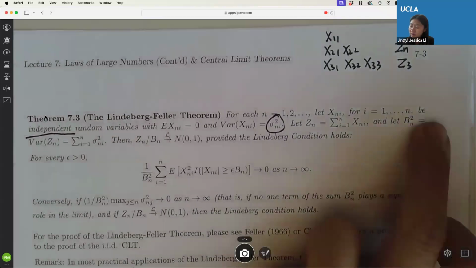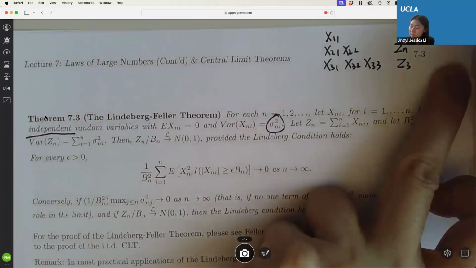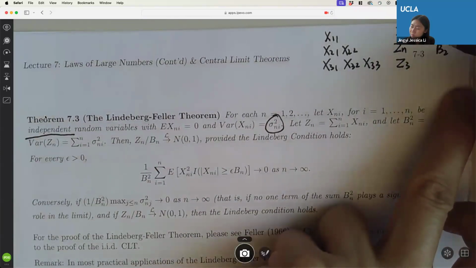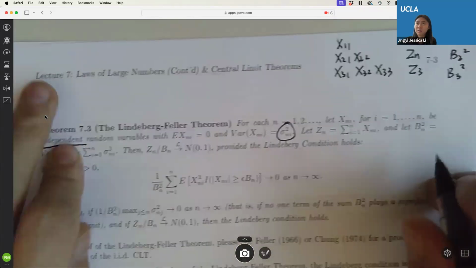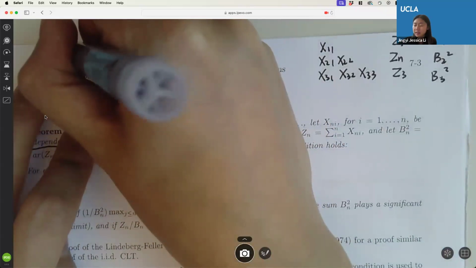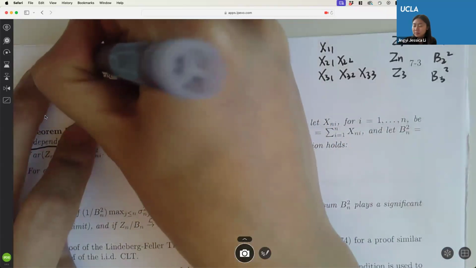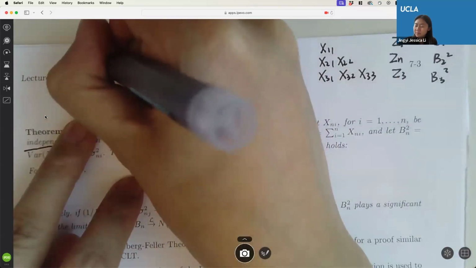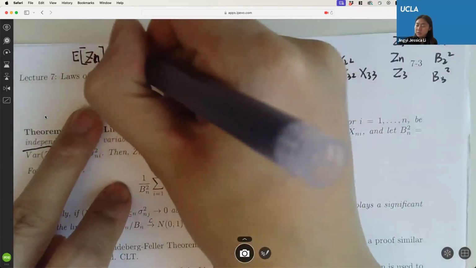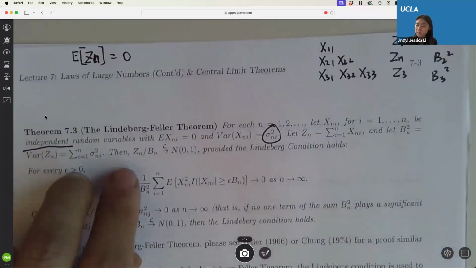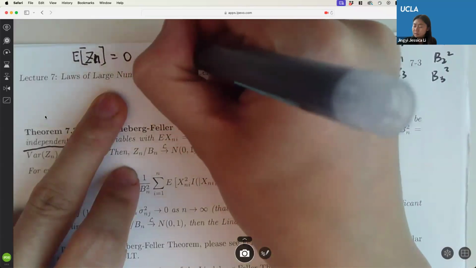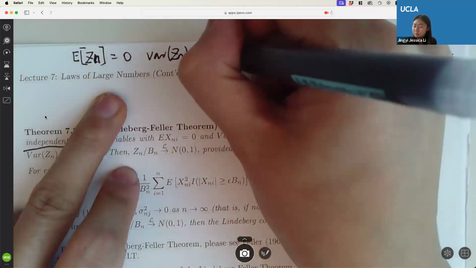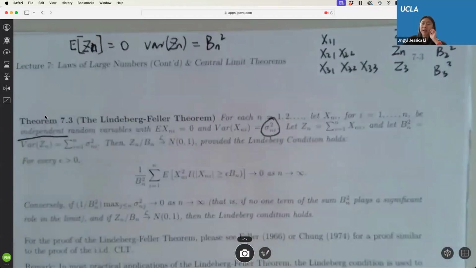So basically we have the variances B1 squared, B2 squared, and B3 squared. Essentially, what we have in the setting is that Zn, the row sum in the nth row, has mean 0. The variance of Zn, we denote as Bn squared. That's the setting.